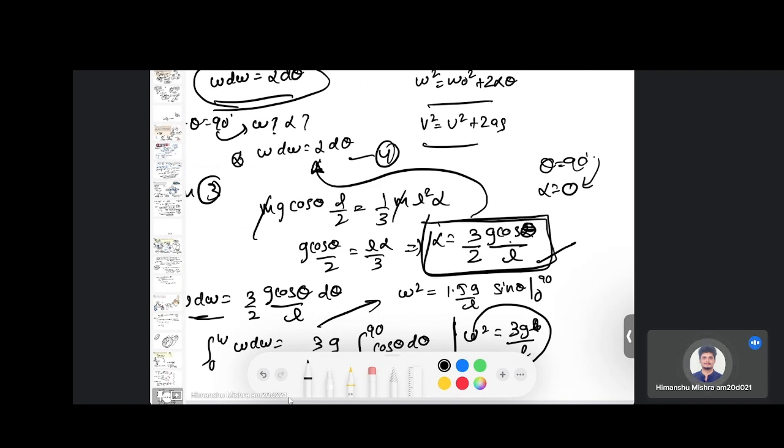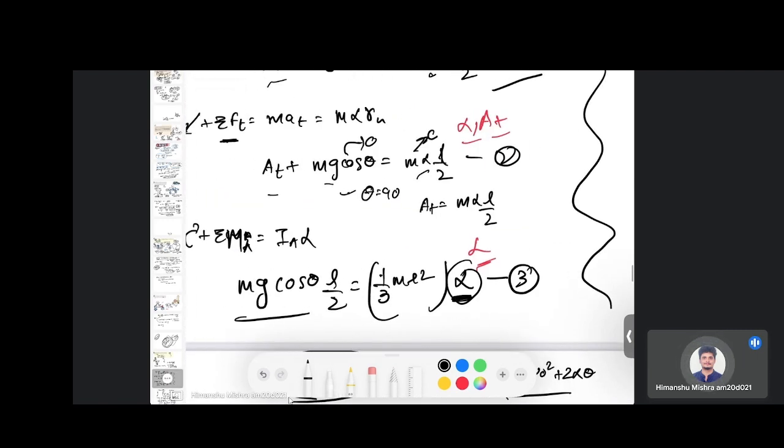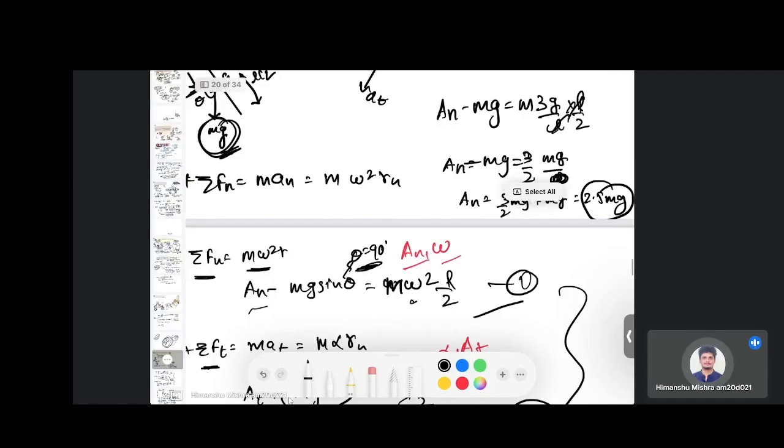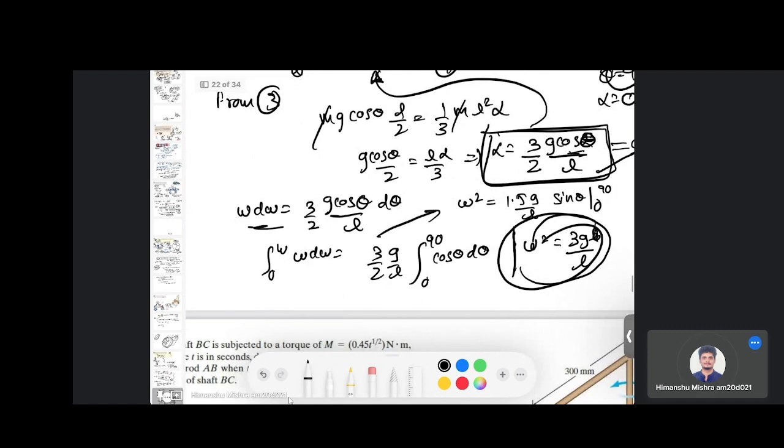So you can see that alpha is a function of theta, so it varies with theta. It is not 0 at other theta, but at theta equals 90 it is 0 because cos 90 is 0. So in equation 2, this term is 0 because alpha is 0, and this term is 0 because cos 90 is 0. So my AT will be 0. So AT is 0, AN is 2.5 mg and omega square is 3g by L.